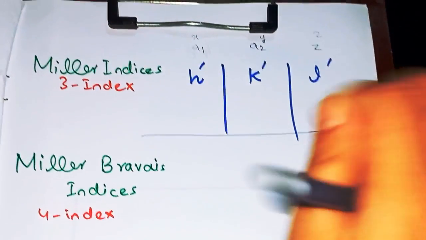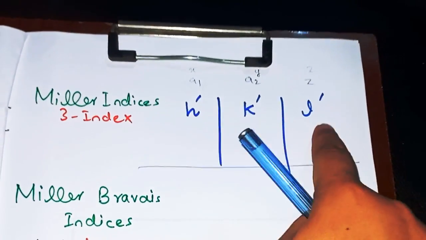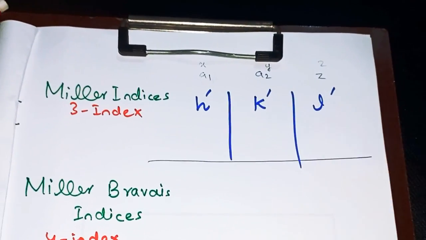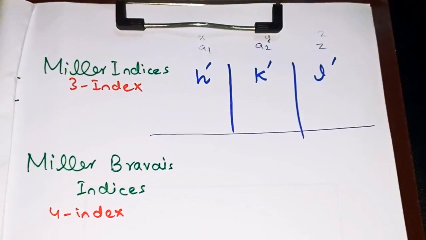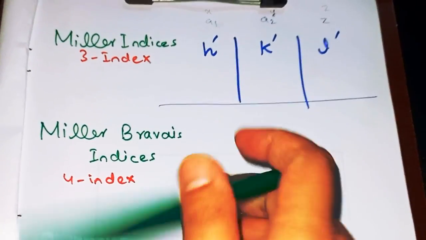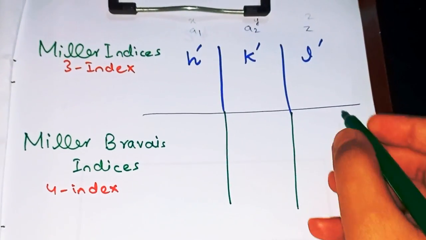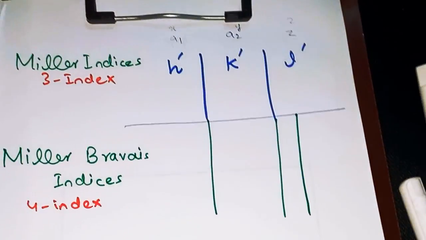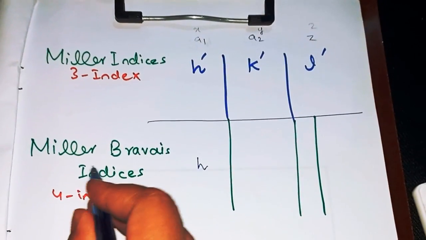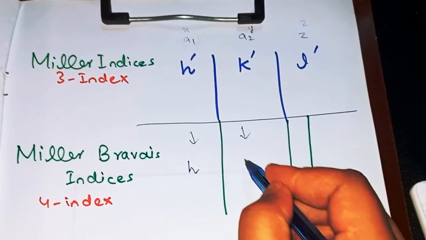These are the notations for the Miller indices: h prime, k prime, and l prime. Whereas in miller-bravais indices, there are 4 indices, with one extra index. We'll see where it goes. Corresponding to h prime, the first index will be h. Corresponding to k prime, there will be the k index.